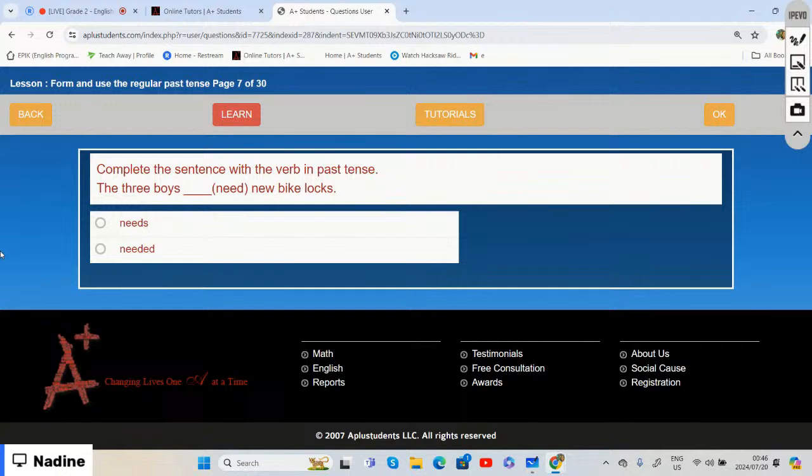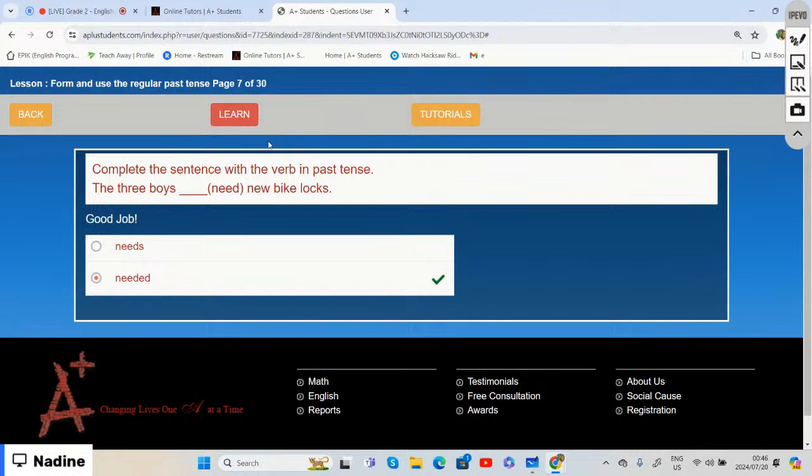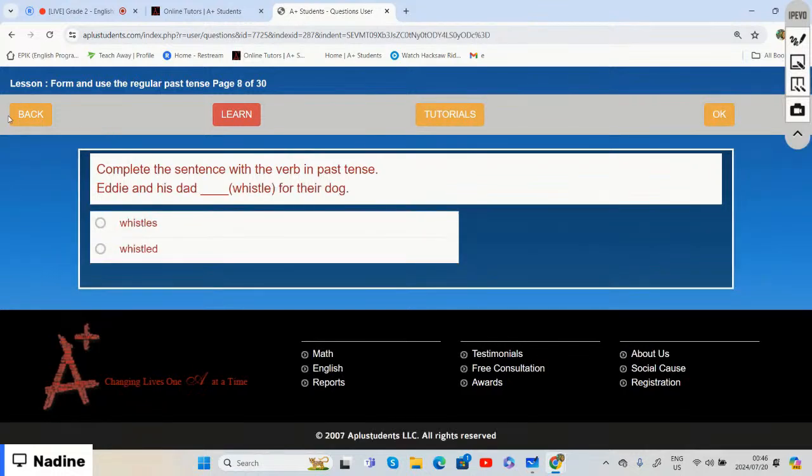All right, so if we were to choose the last one, we would say that the three boys needed new bike locks. All right, so that is now correct.